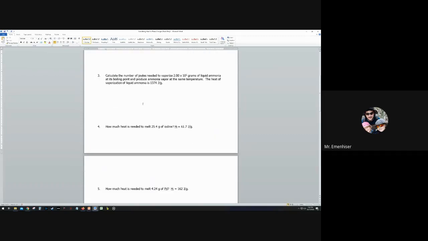Calculate the number of joules needed to vaporize 2 times 10 to the 2, or 200 grams of liquid ammonia, NH3, at its boiling point and produce ammonia vapor at the same temperature. So if we read this carefully, we are not changing the temperature. And so we're doing Q equals M times delta H vaporization. All right.